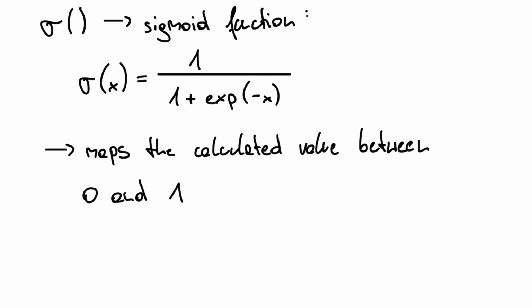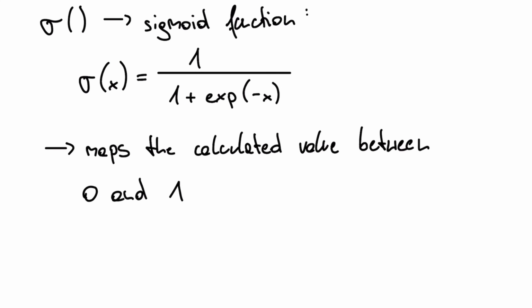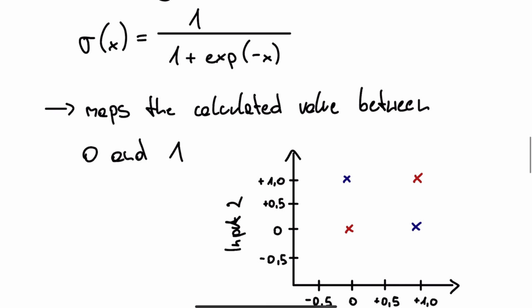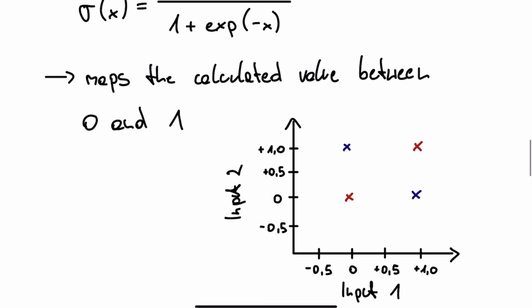The XOR problem is a non-linear problem. That means when we draw the inputs like I have drawn them here in the diagram, then I have marked in red the inputs 0,0 and 1,1, and I have marked in blue the inputs 0,1 and 1,0. Of course, the inputs can only be 0 or 1, even if the x's in the diagram are written with decimal numbers.